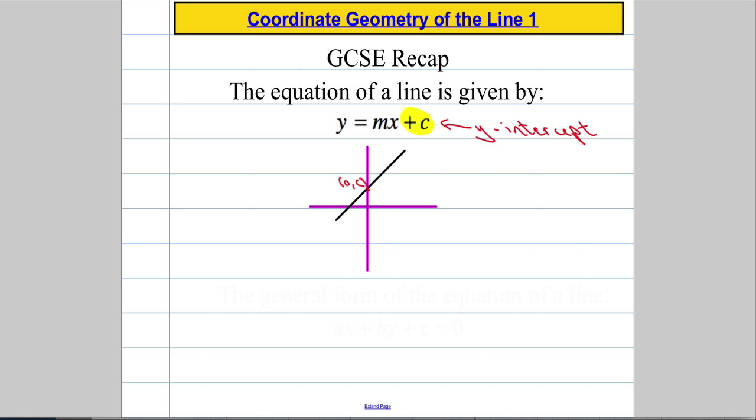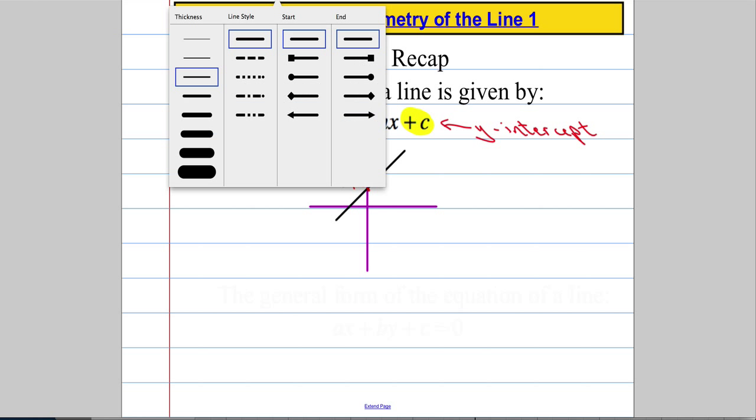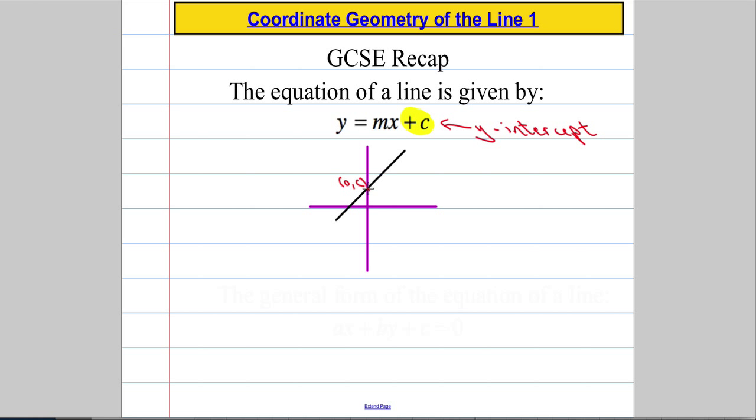And then the other value, with a different type of line here, a dotted line and a wee bit thinner, m is what we know as the gradient. For every 1 unit I travel across to the right, I should travel m units up.